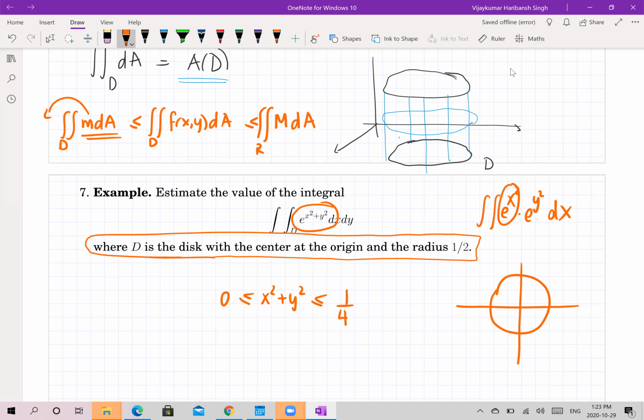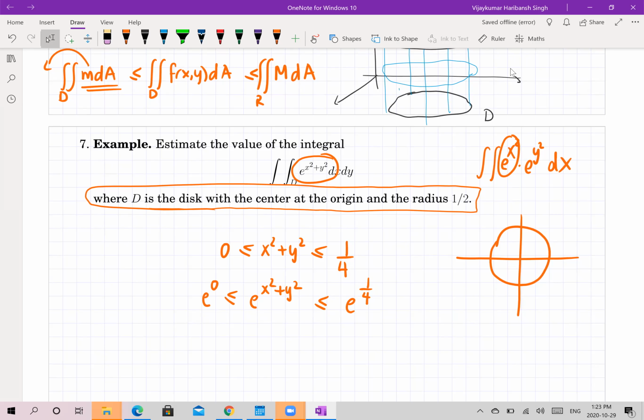So these are the values of x squared plus y squared. And you can also see that in that case, the values of e to the power x squared plus y squared are going to be between these bounds, right?